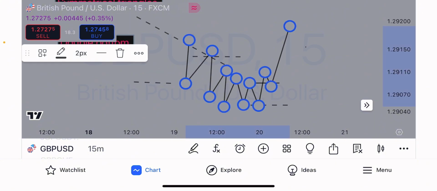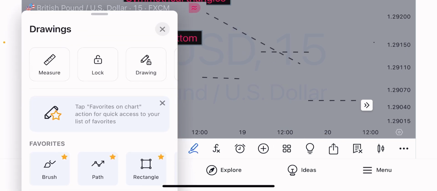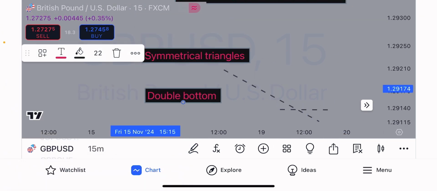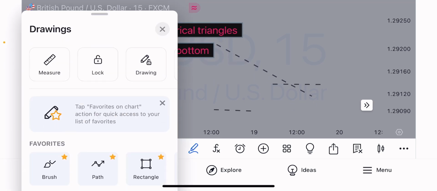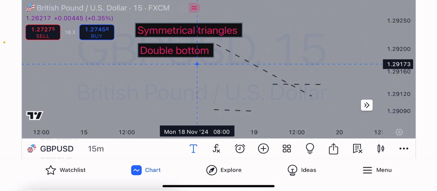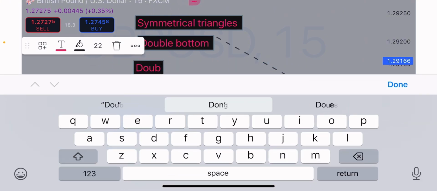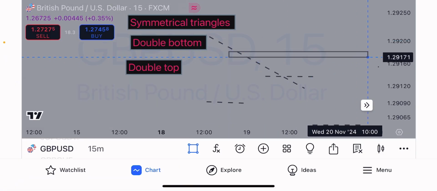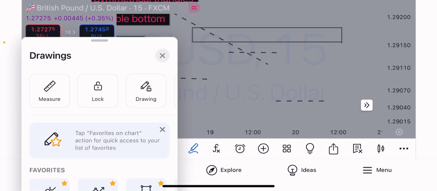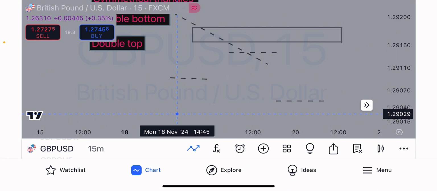Then we have the third one, which is the opposite of the double bottom. We have the double top. I don't want to make this video lengthy, right? Double top. You also find this on your supply zone when the market has been bullish, bullish, bullish.